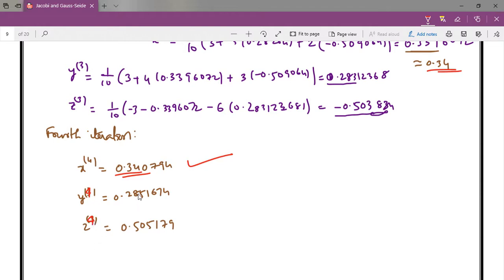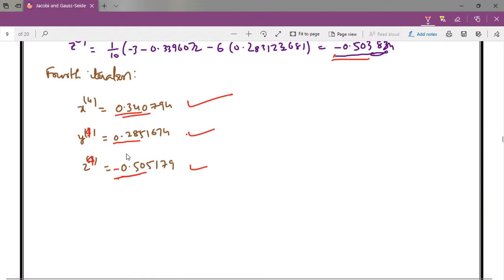So here also 0.283, this can also be taken as 0.28, corrected to two decimal places. Therefore this is also almost converged. And compare z3 and z4. z3 is minus 0.503 and this is minus 0.50. So this is also converged up to two decimal places.